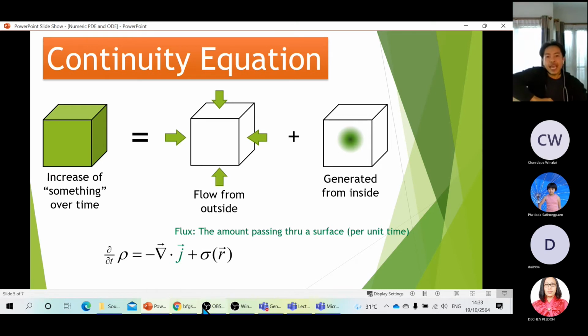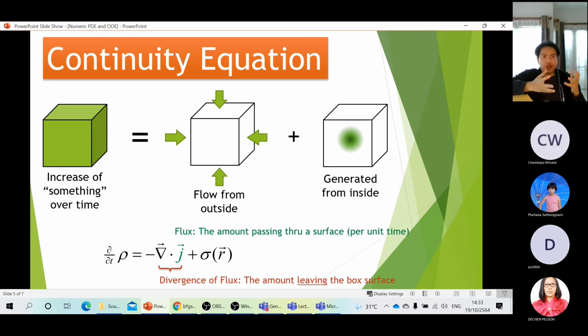Now, if we take what we call divergence, what that means in simple language is the amount of something leaving the box. If you compare these two meanings, the flux involves any surface that you can think of in general. But divergence makes the meaning more specific or narrow.